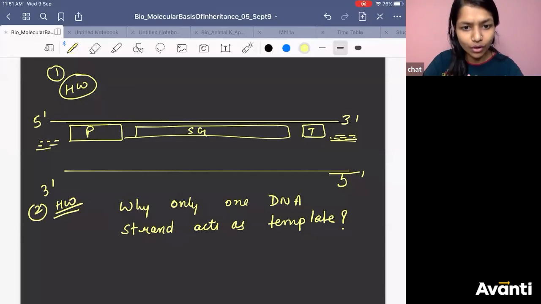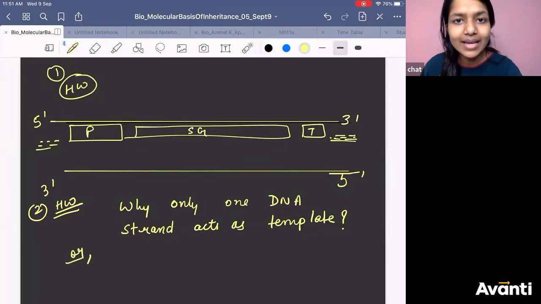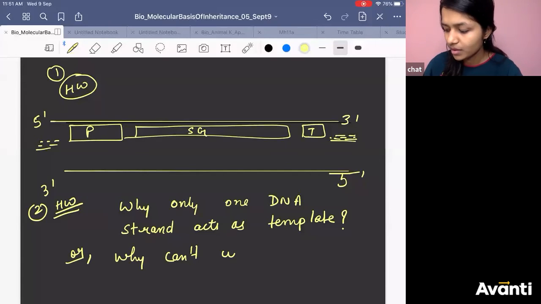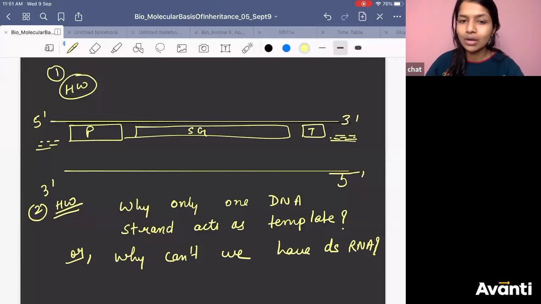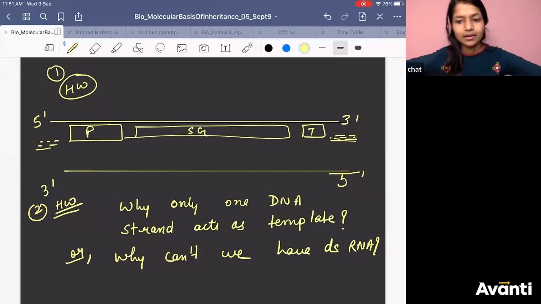In other words, the question can be reframed as, why can't we have double-stranded RNA? These two are your homeworks. Okay? Why can't we get two strands of RNA?